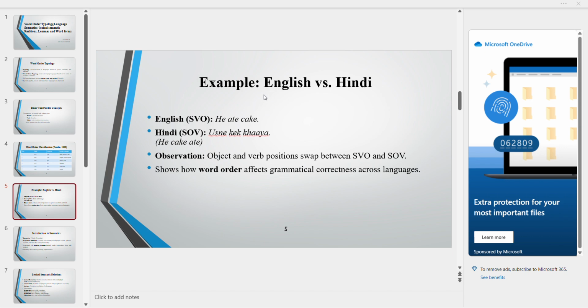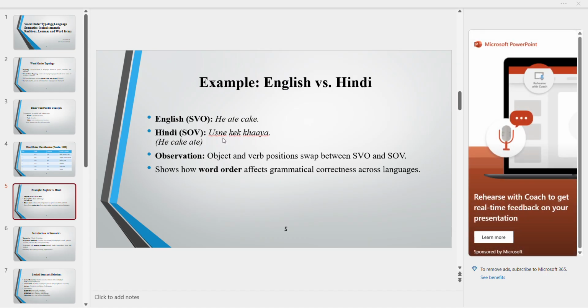Let's take an example. We will take English versus Hindi. In English, it follows subject verb object order. So, we can take an example: He ate cake. But in Hindi, it follows subject object verb form, and we will say usne cake khaya. Here we pronounce it like he cake ate.